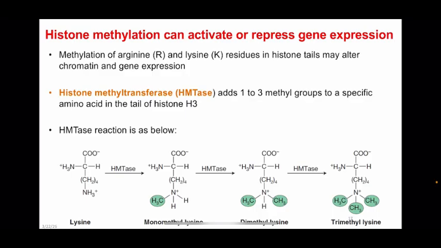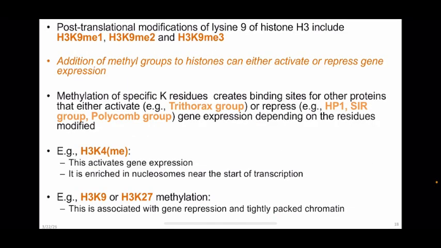Okay. So histones also have their own methyltransferases called histone methyltransferases, and these are what add the methyl groups. They do not add more than 3 groups. So a histone can be monomethylated, dimethylated, and trimethylated. Okay, so I think we will come across codes like H3K9Me1, H3K9Me2.